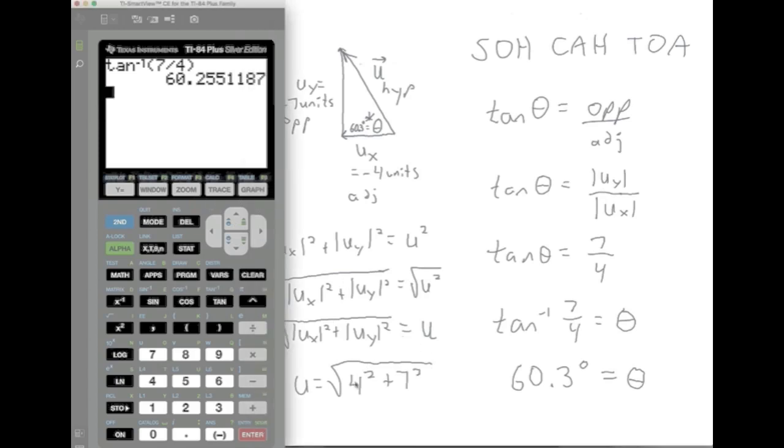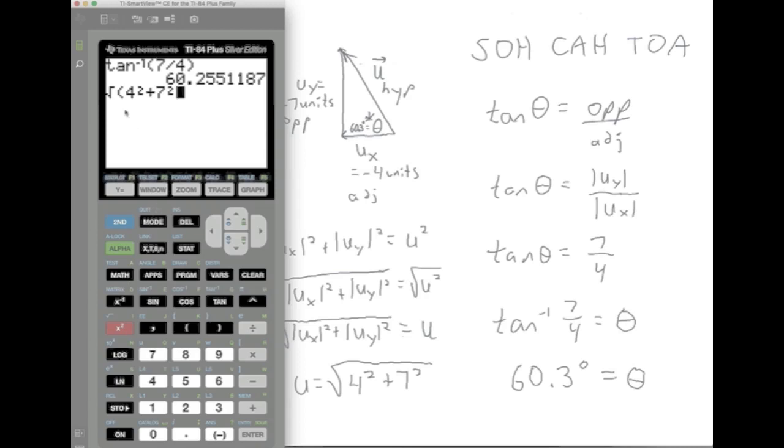You can actually do this in one step on your calculator. If your calculator has a square root template, it's easy to do it in one step. But if you're using a non-fancy calculator that has no square root template, you need to put in this parenthesis so the calculator knows that the whole thing is inside the square root. And then we do 4 squared plus 7 squared.